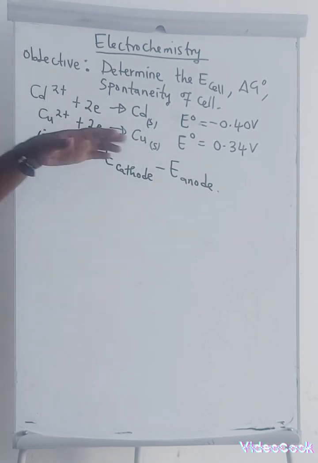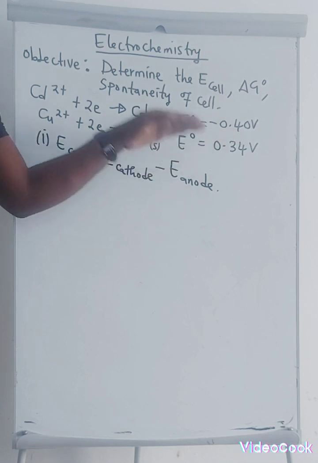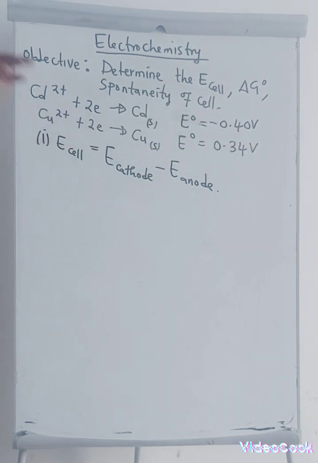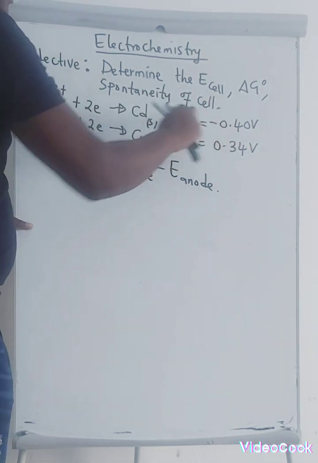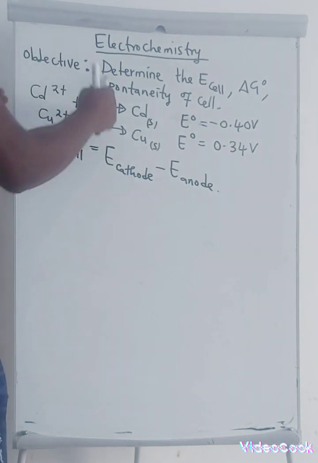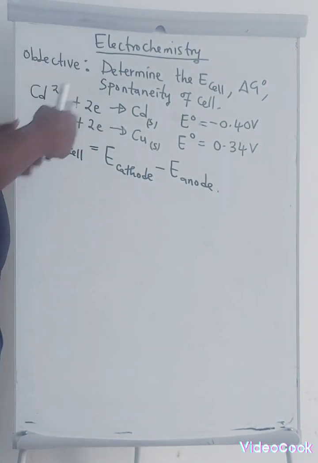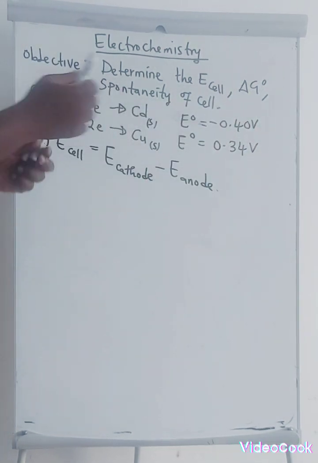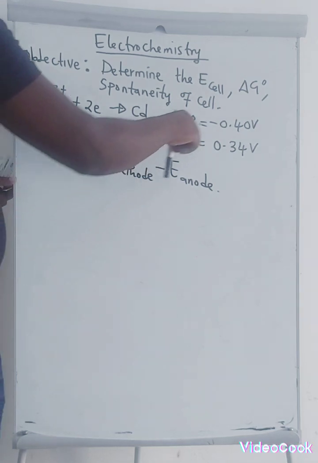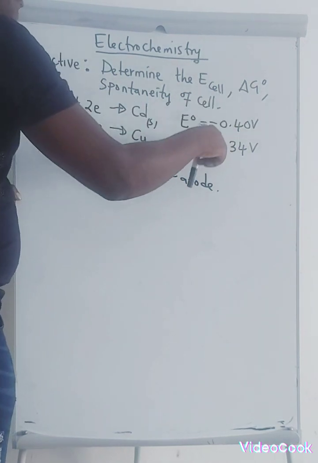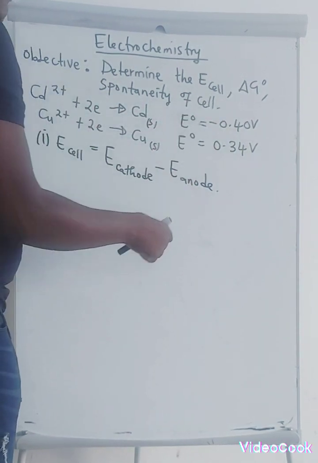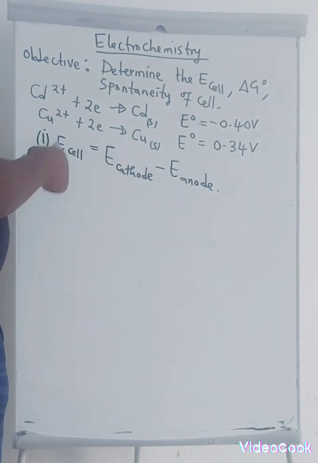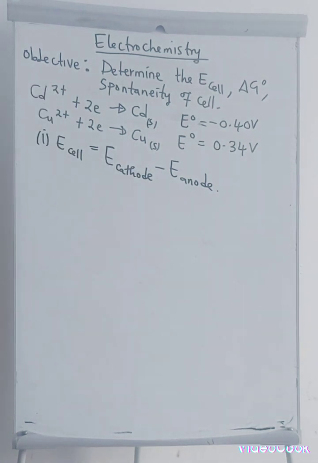Because we are using reduction potentials, not oxidation potentials, the smaller number is the one which is oxidized. So we pick the smaller number between 0.34 for copper and negative 0.40 for Cd.